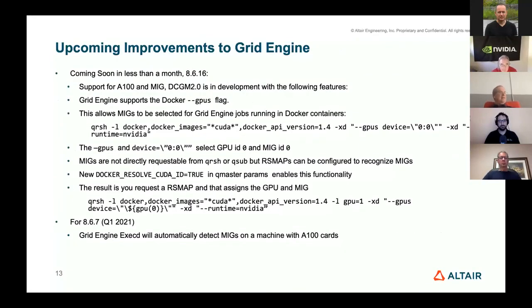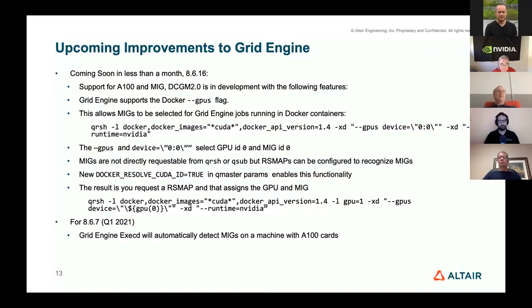Now, given the time constraints we have, I would like to tell you a little bit of what's happening in Grid Engine and what's coming related to the A100 and MIG support. So in less than a month, we'll have 8.6.16, and it will have support for A100 and MIG. This is the initial support, and DCGM 2.0.